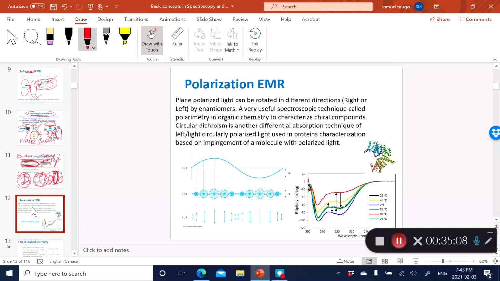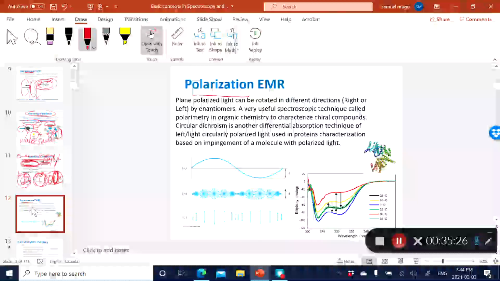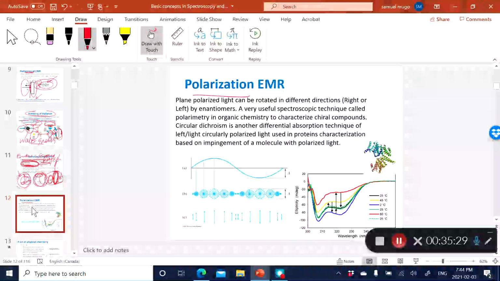Now, the last type of behavior of light that I'd like to talk about is polarization. And polarization refers to when you take plane polarized light and you shine it on some molecules, especially the enantiomers. The enantiomers tend to rotate plane polarized light in a certain direction, either right or left.